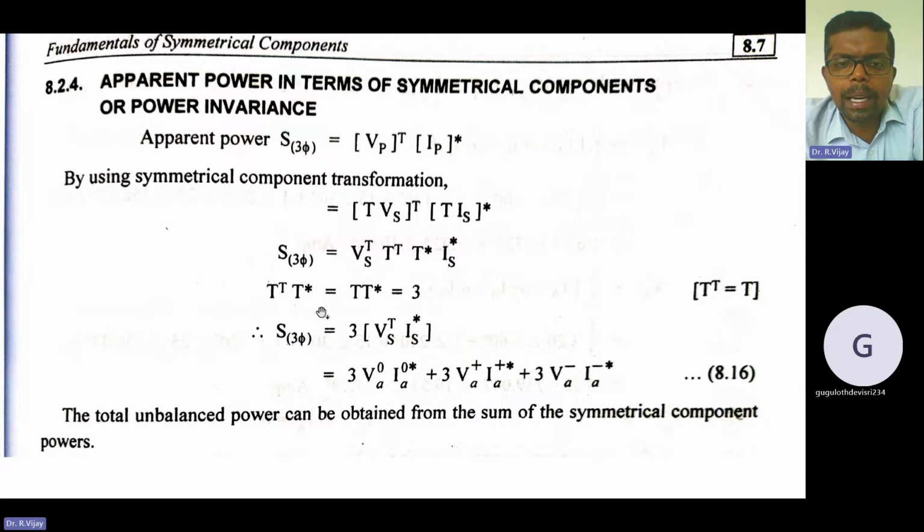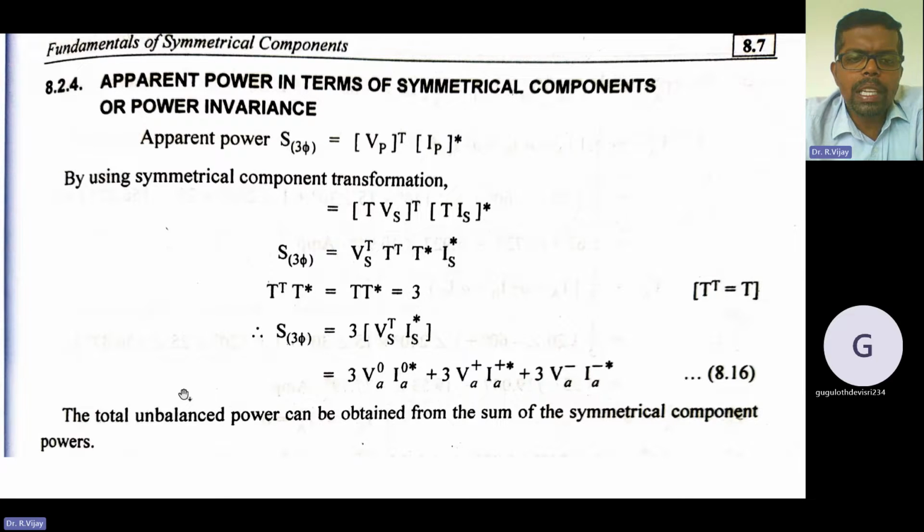Next, the three-phase apparent power equals 3 into Vs transpose into Is star. So we are rewriting in terms of sequence voltage as well as sequence current components. The equation becomes 3 into Va0 Ia0 star plus 3 into Va plus Ia plus star plus 3 into Va negative Ia negative star.